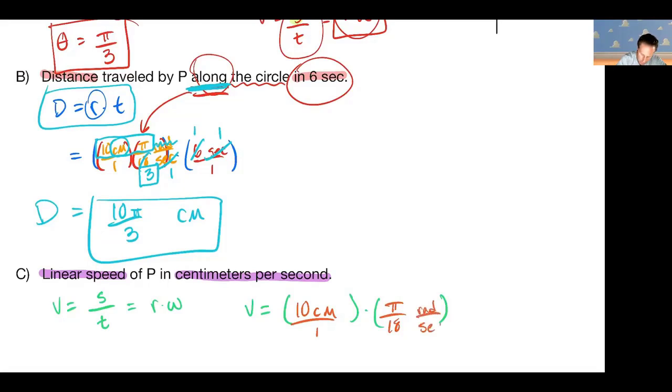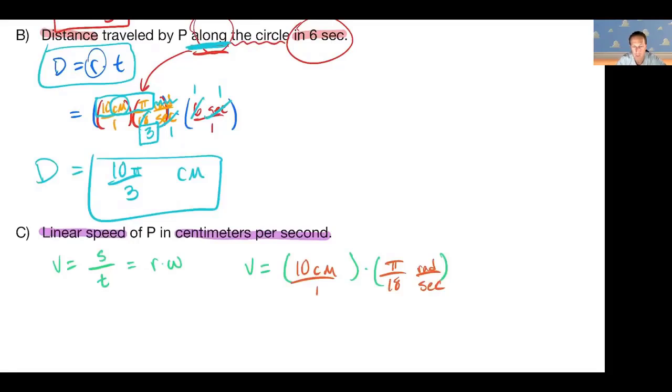radians per second. And so because we know everything that we have, just make sure before you go and do any extra work that your unit measurements are going to end up giving you what you wanted. And in this case, what they wanted us to find was centimeters per second. And we don't really need the radians, so that's exactly what we're going to have, centimeters per second.